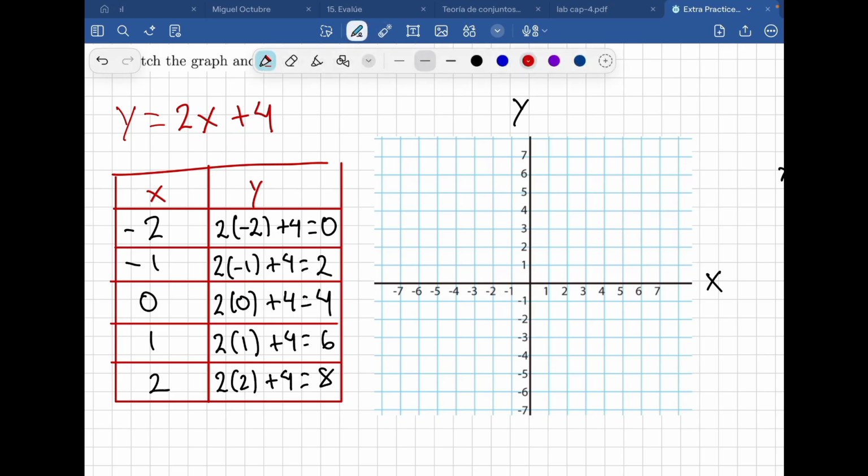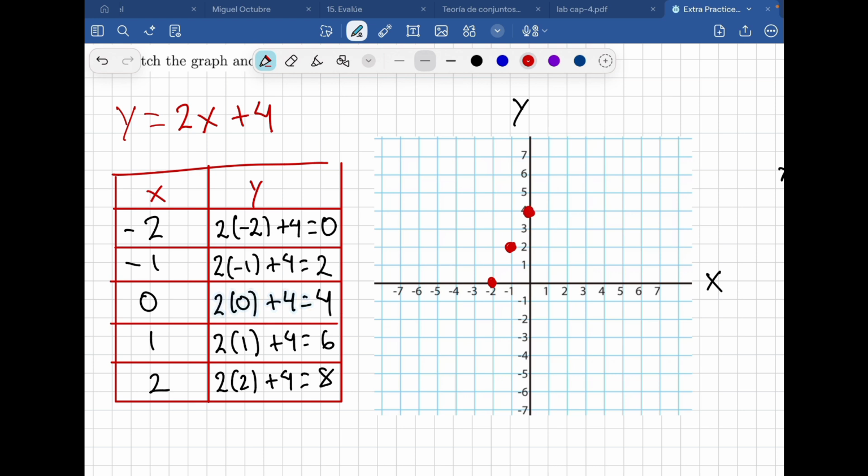So we have the first point, let's use red, this one. Then when the x is -1, we have y equals 2. So this is -1, then y is 2, so we have this point. Then when the x is 0, y is 4, so we have this one.